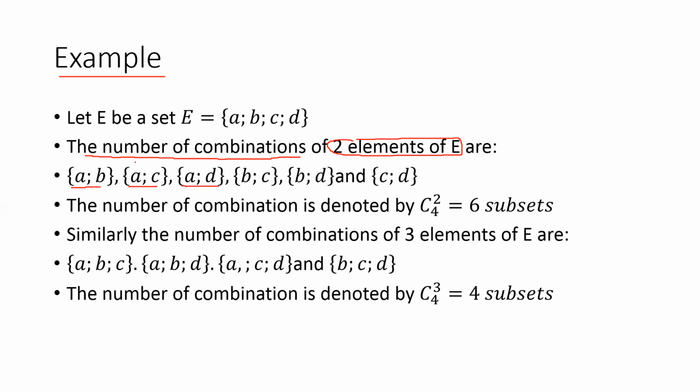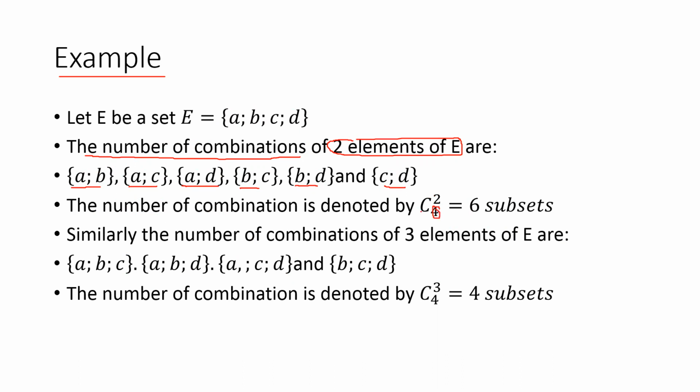B and A is the same as A and B. I don't write it since it is the same as AB. BC, BD, and CD. So in total, how many are they? They are 6. So the number of combinations is denoted: I have 4 elements, I choose 2.